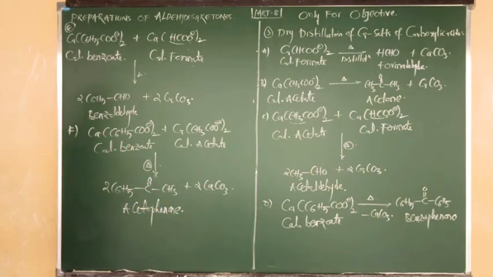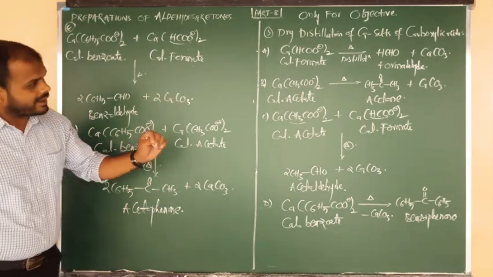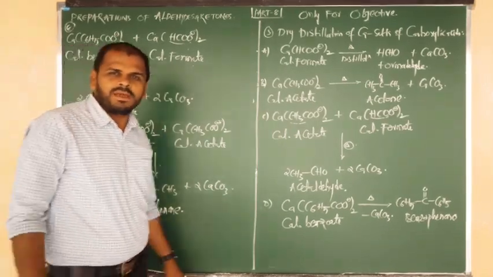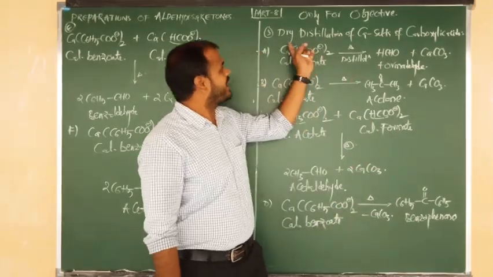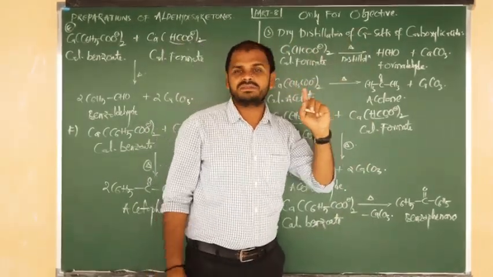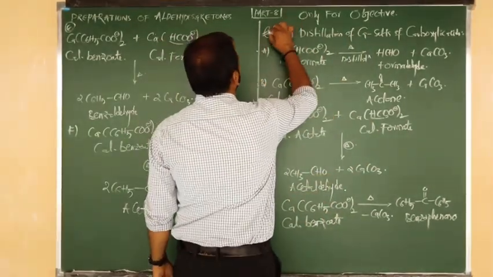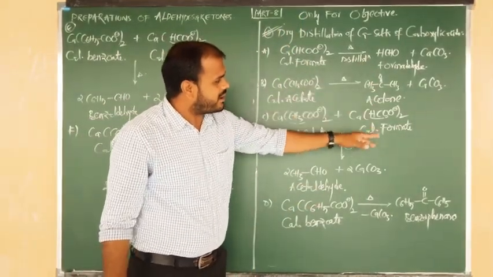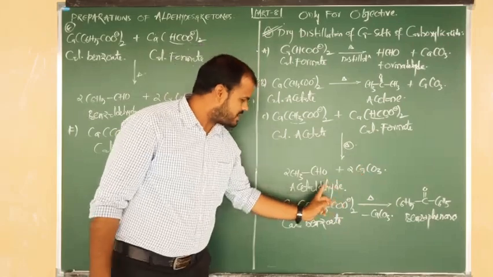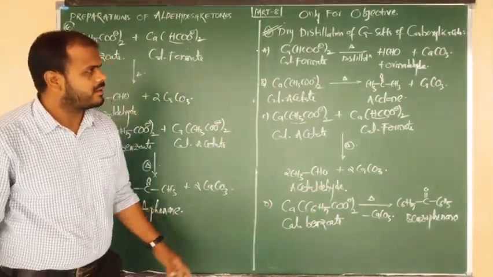So in this manner we can prepare all types of aldehydes and ketones from dry distillation of calcium salts of carboxylic acids. Very important method. What all did we prepare?